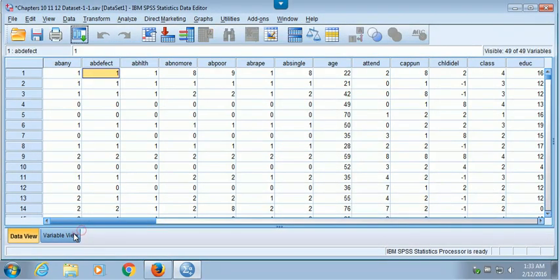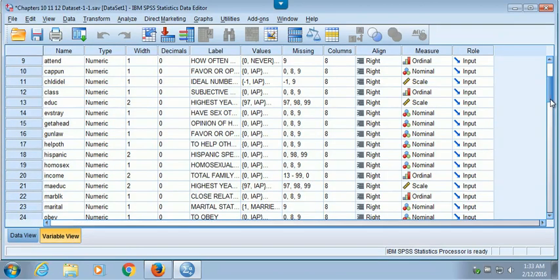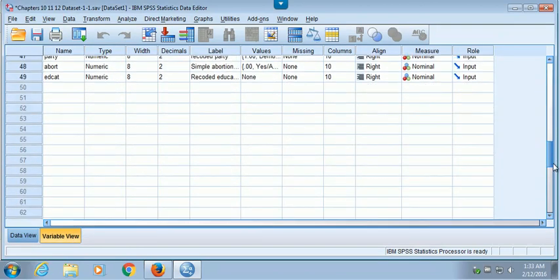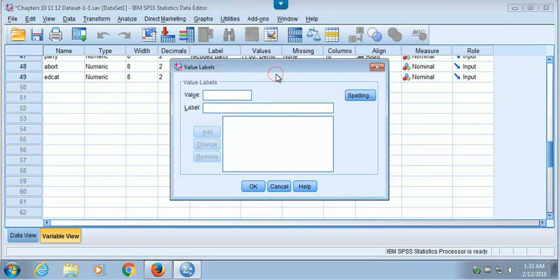Click over to variable view. Scroll to the bottom, and you'll see that this is now at your bottom. And again, remember to go into your values.